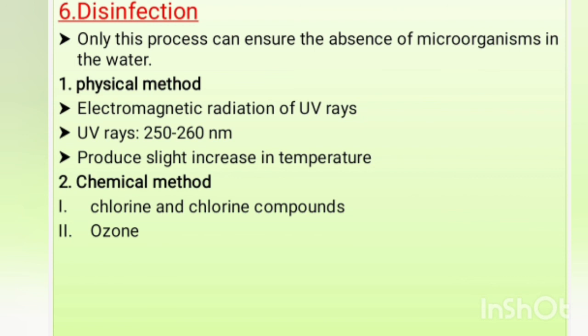Second chemical method is the ozone method. Ozone is a powerful oxidizing agent and it has a more rapid effect than chlorine. It can destroy bacteria and viruses. It does not produce any color or taste in the water.